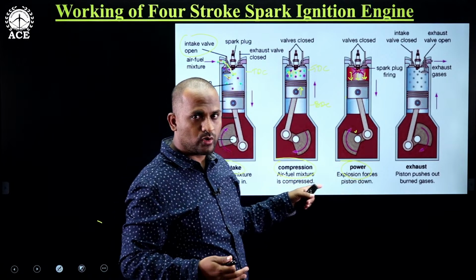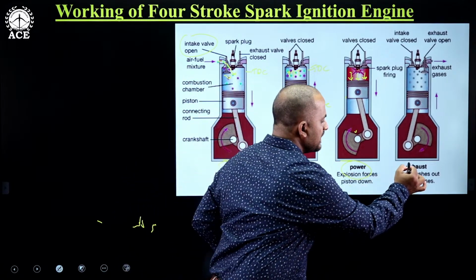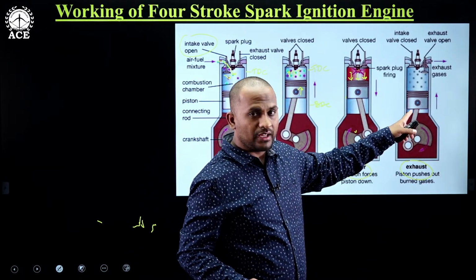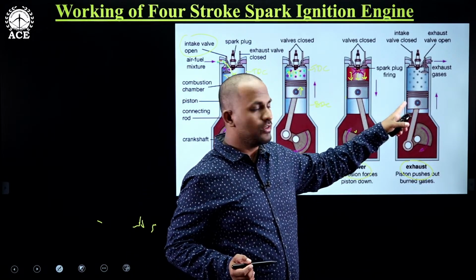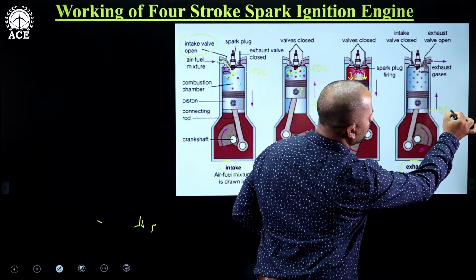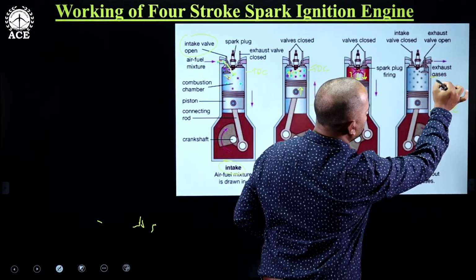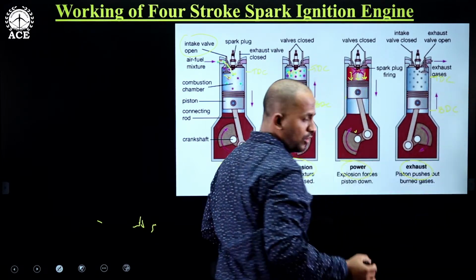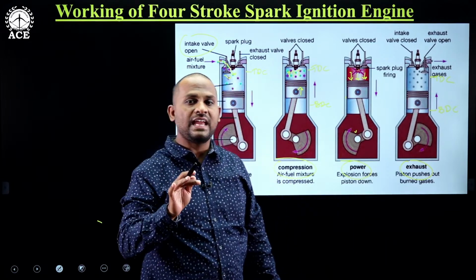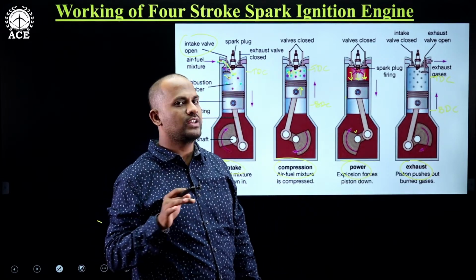Now the last stroke comes into the picture, that is the exhaust process or exhaust stroke. Again, the piston will be moving from BDC to TDC. What is there in the combustion chamber now? We have the gases released because of the combustion.